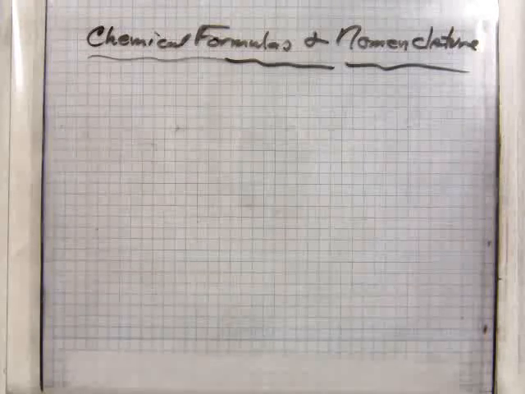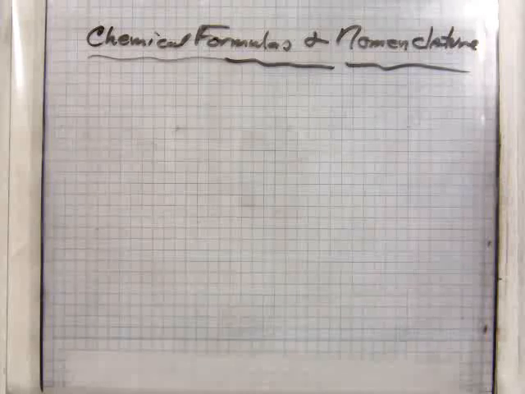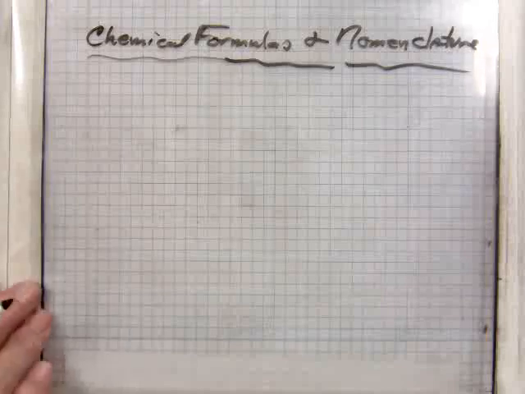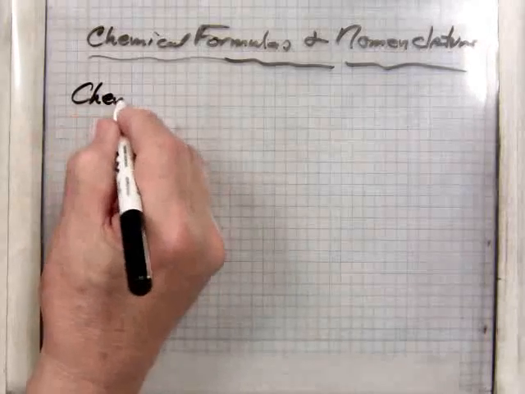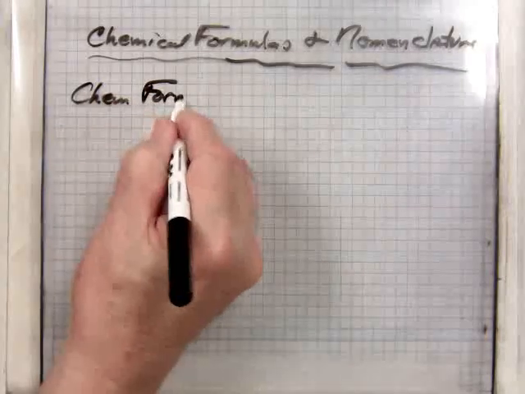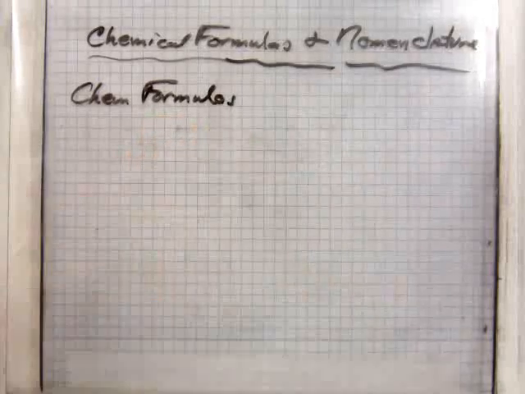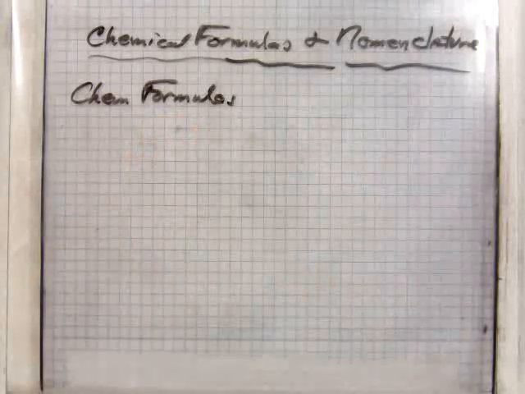So the second part of this is to give you the basis of writing chemical formulas and using basic rules to name chemical compounds. A chemical formula can come in many forms.